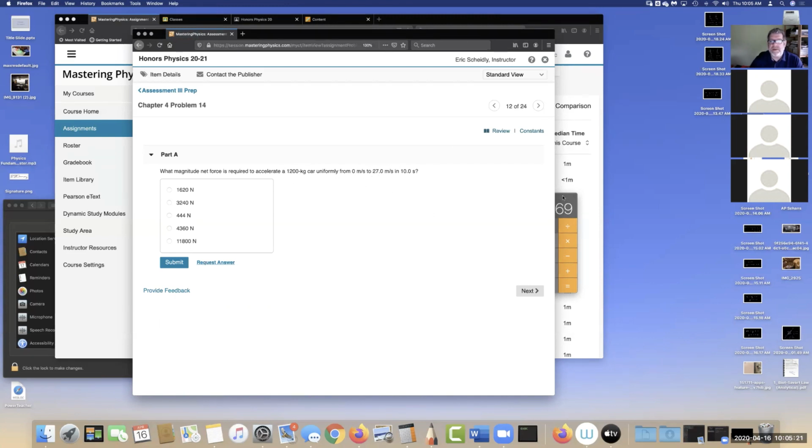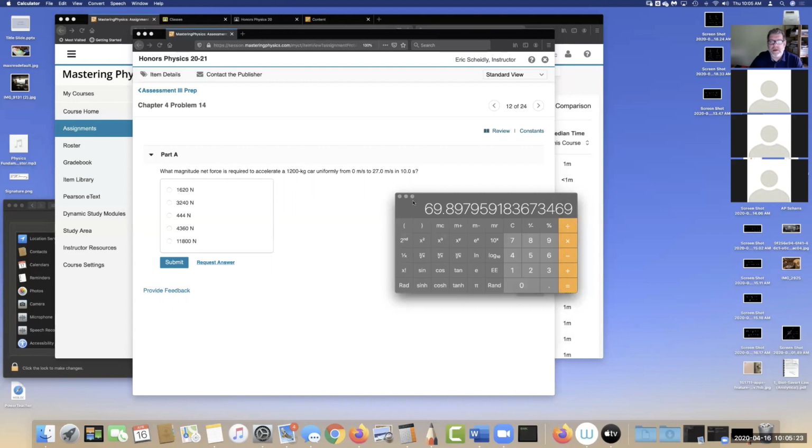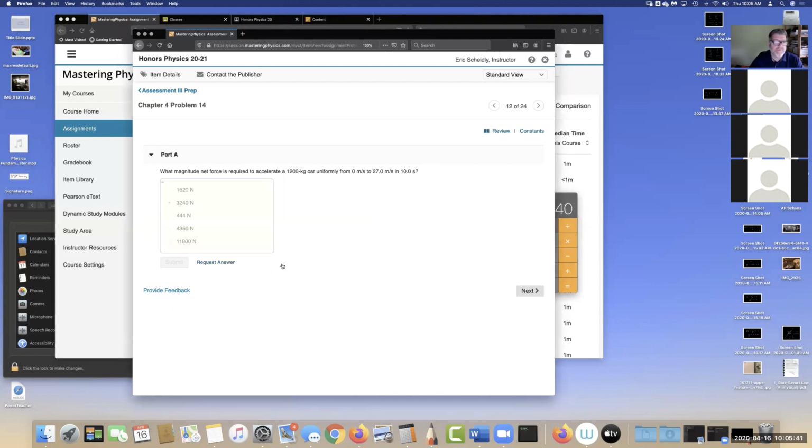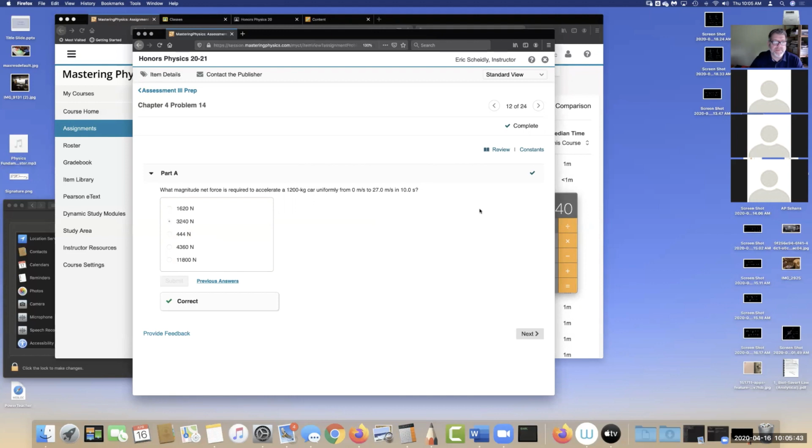Do you just calculate the acceleration by doing change in velocity over change in time? That's right. So it's going to be 27 divided by 10, which is 2.7. Because it's 27 minus 0, which is 27, divided by 10 is 2.7. Multiplied by 1,200 is 3,240. F equals ma. Very, very simple.